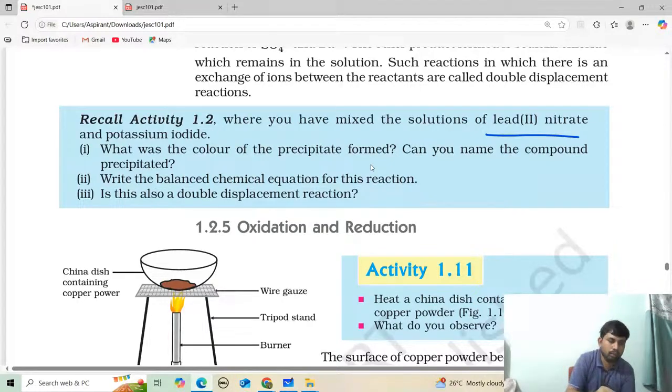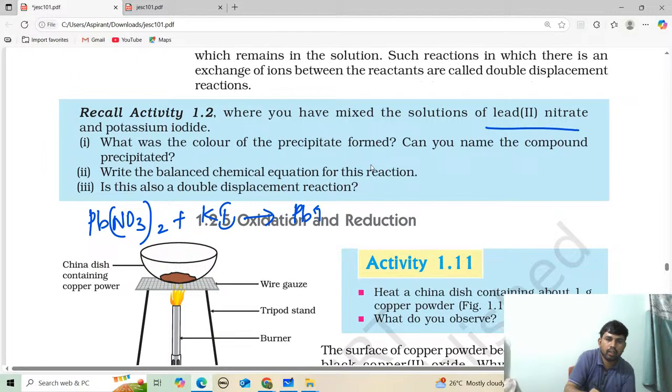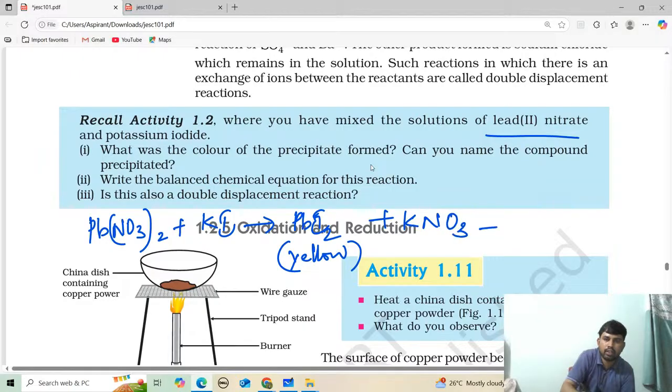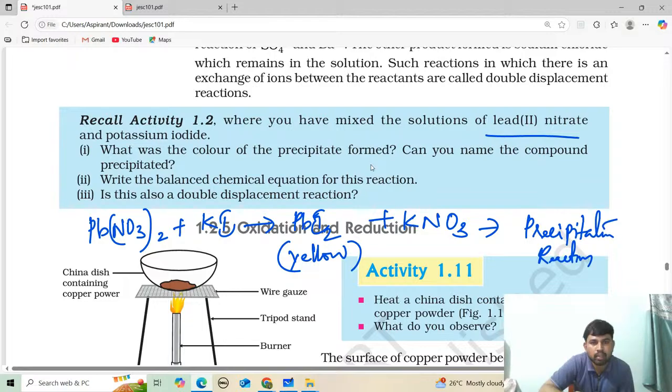Pb(NO3)2, taken twice, and potassium iodide is KI, gives rise to lead iodide, PbI2, which is a yellow colored precipitate, plus we get potassium nitrate. And this kind of reaction is called a precipitation reaction.